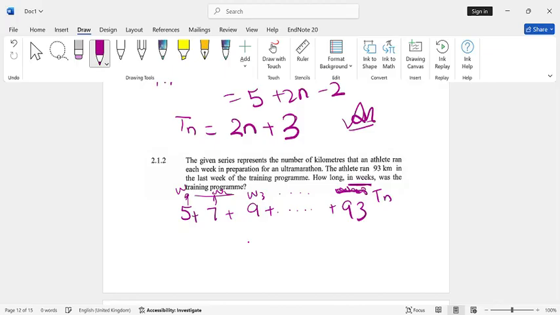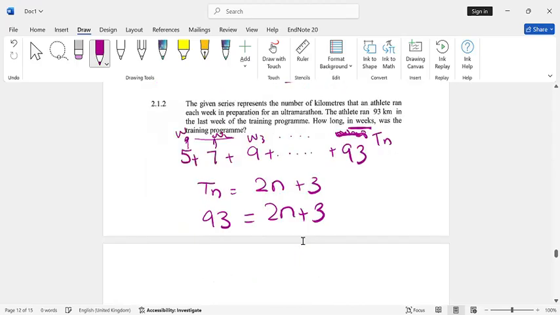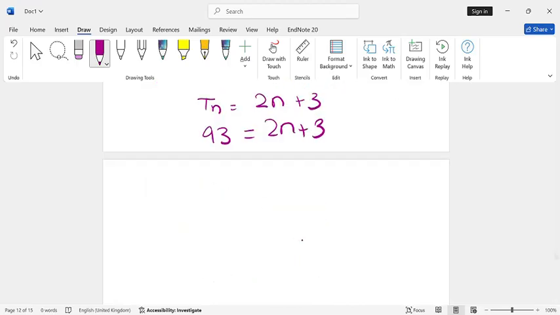As you know, the formula of Tn is 2n plus 3. So the value of Tn is 93, equal to 2n plus 3. We get the value of n from this equation. We have 2n equals 90, which becomes n equals 45.